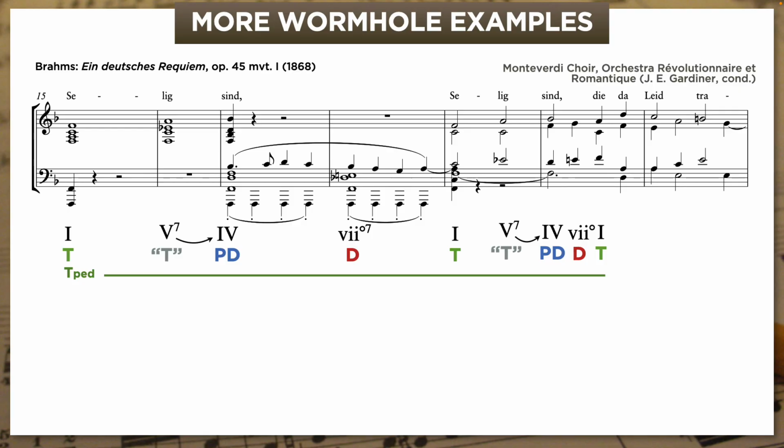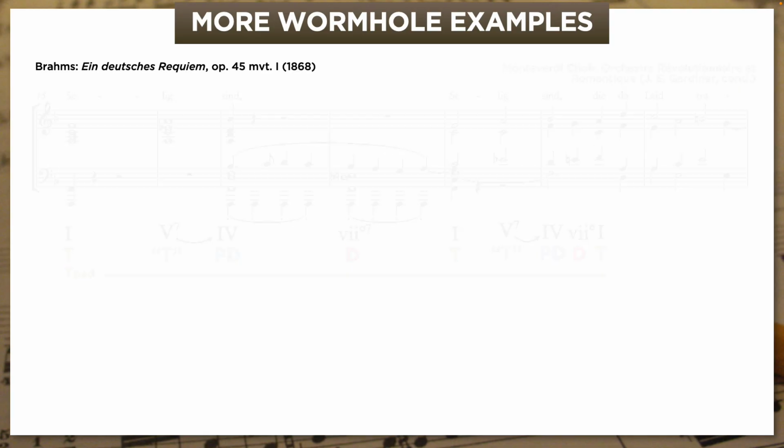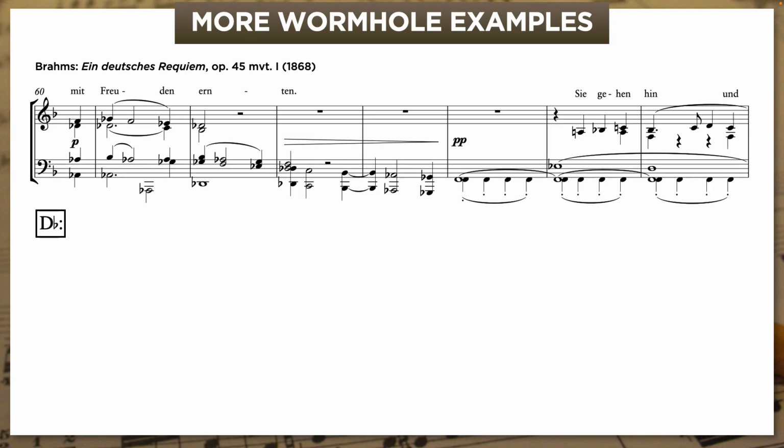So he's really drilled it into our ears by now. Well, at several points down the line, we find ourselves in the key of D flat major. The first time, Brahms gets back by just walking down the D flat major scale and parking himself on F, where he reboots the opening of the piece.